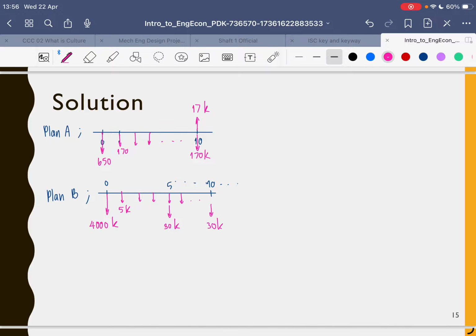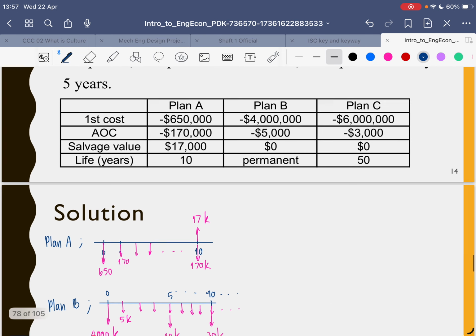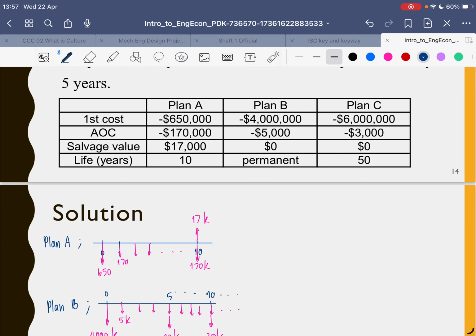And plan C, initial investment is 6 million, useful life is 50 years, and the AOC is 3K. Note that options B and C have no salvage value because the useful life is very long. So for option C, you have year 0 going into year 50.